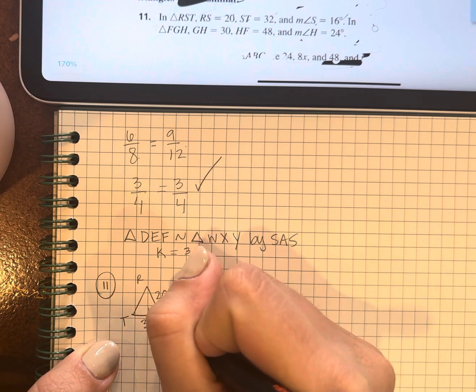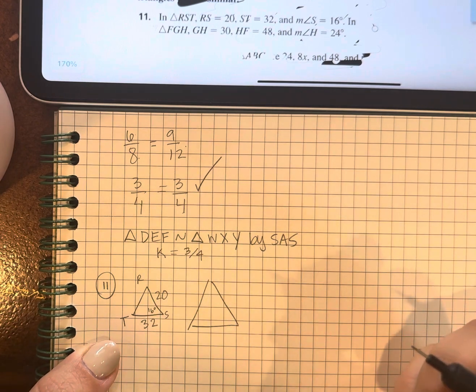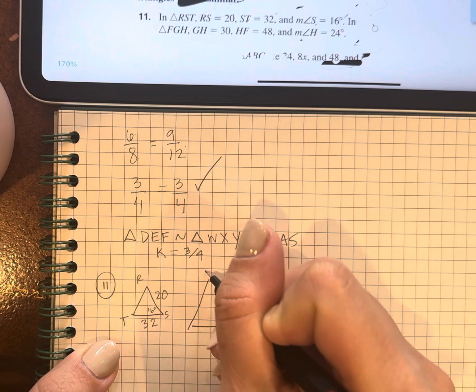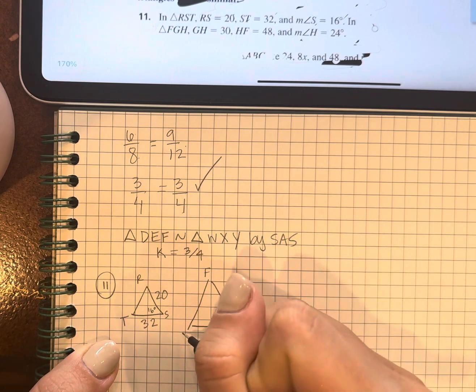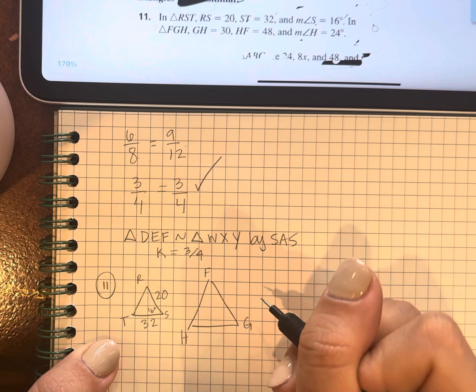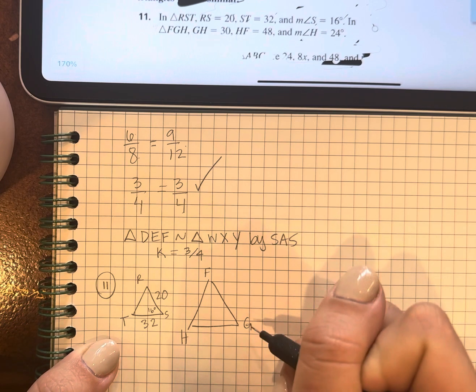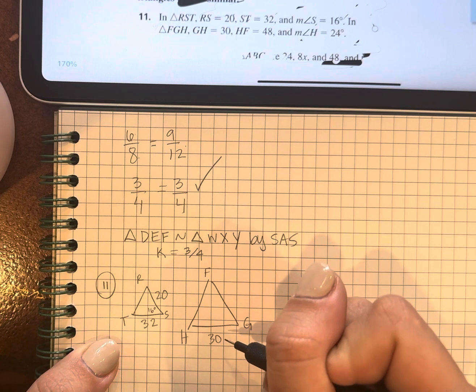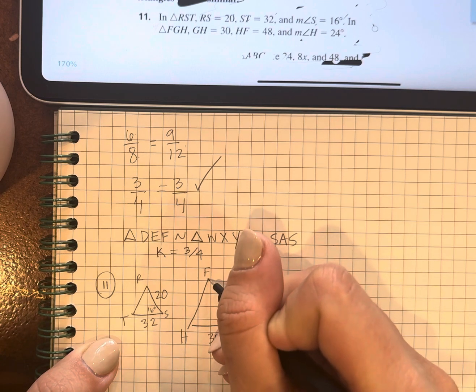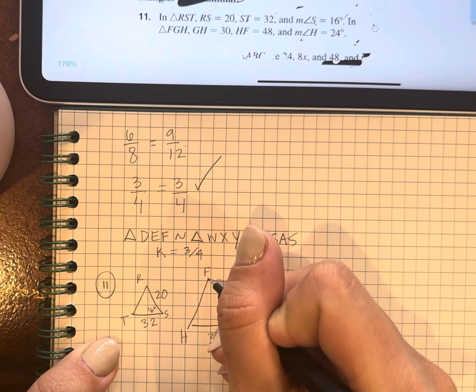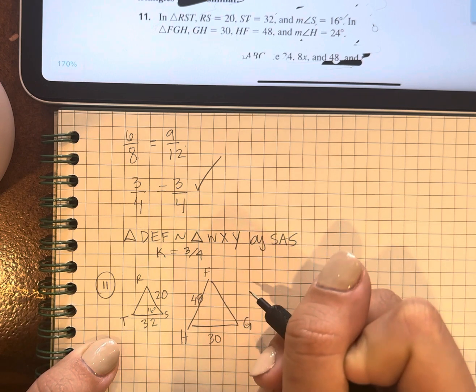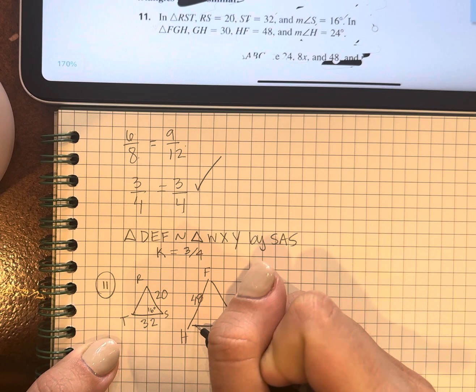Angle S is 16 degrees. In FGH, GH is 30. HF is 48. And angle H is 24.